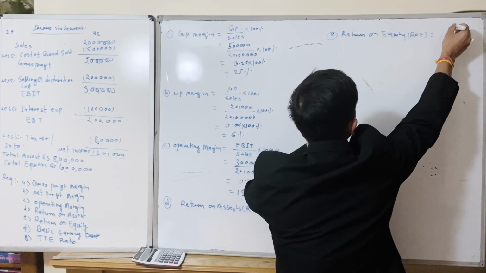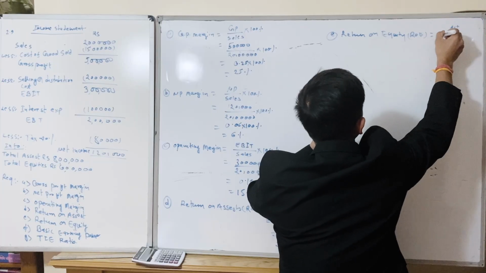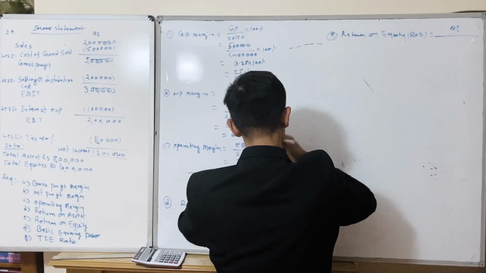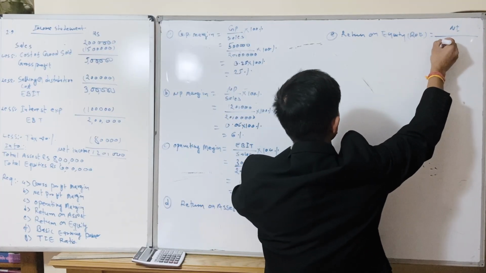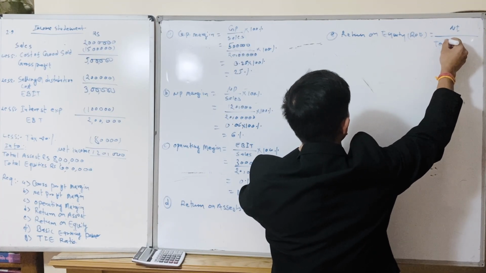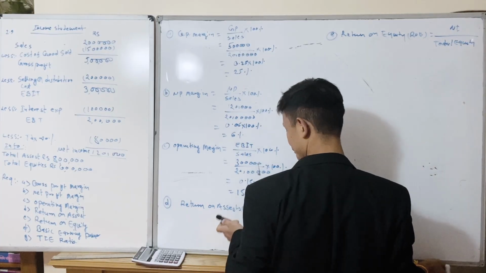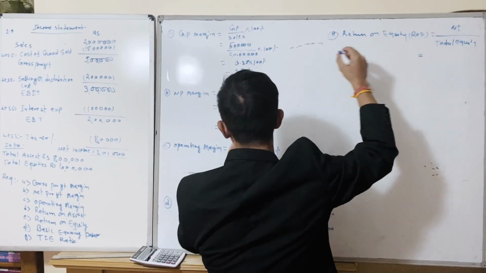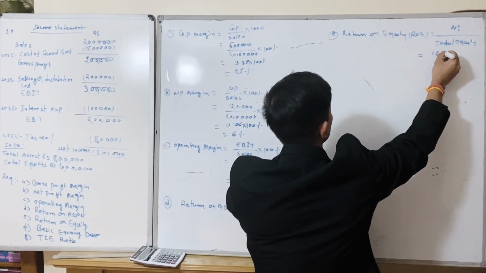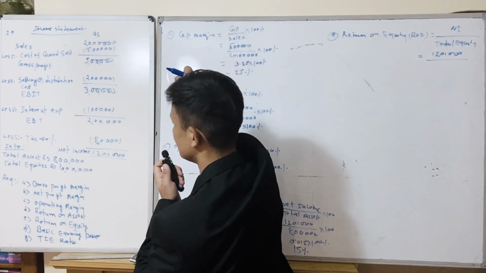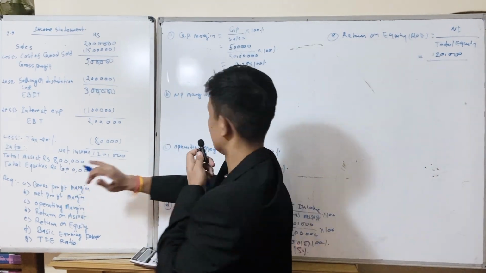The formula is net income divided by total equity. Net income is 1,20,000 and total equity, given here in the information, is 6 lakh.